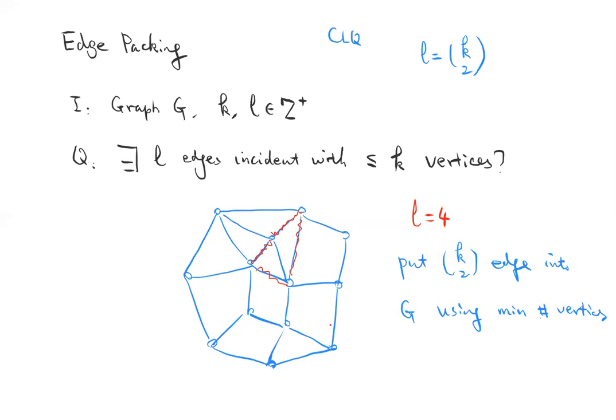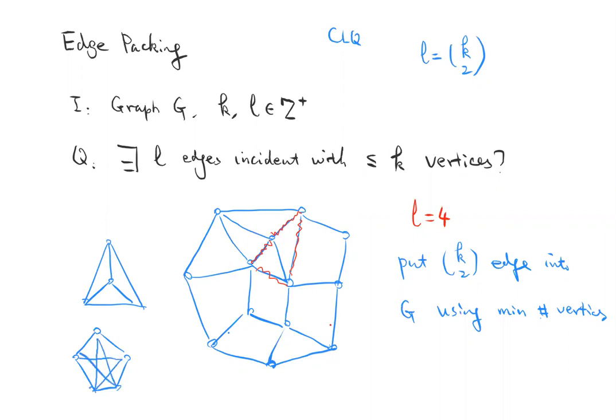So the best way is a clique. For example, for a 4-clique, we use 4 vertices, but we can put 6 edges inside. No other graph on 4 vertices can hold 6 edges. For 10 edges, it's a 5-clique.